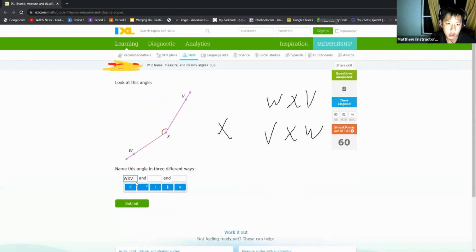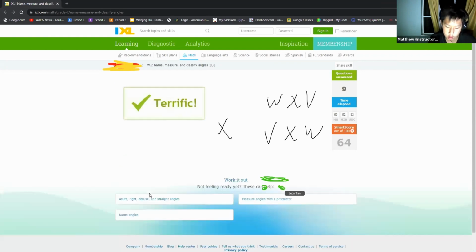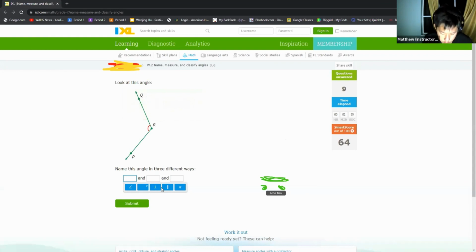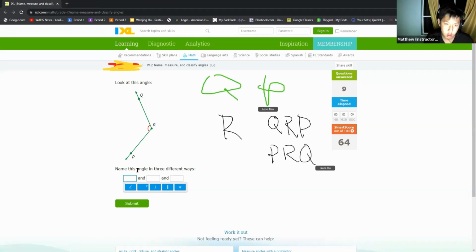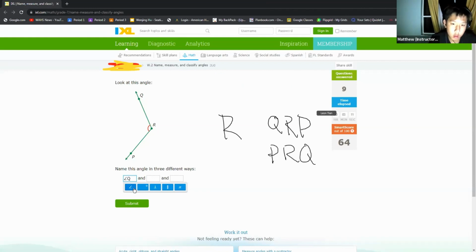Single WXV, single VXW, and single X is correct. OQ, PRQ, single R is correct. And now I will tell you where's my share screen button.